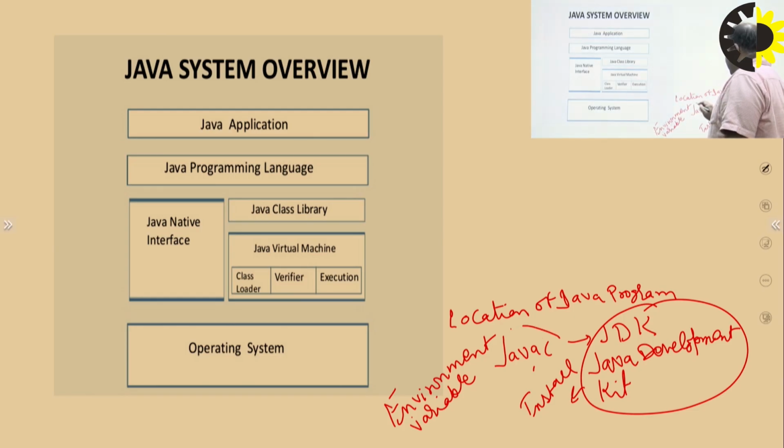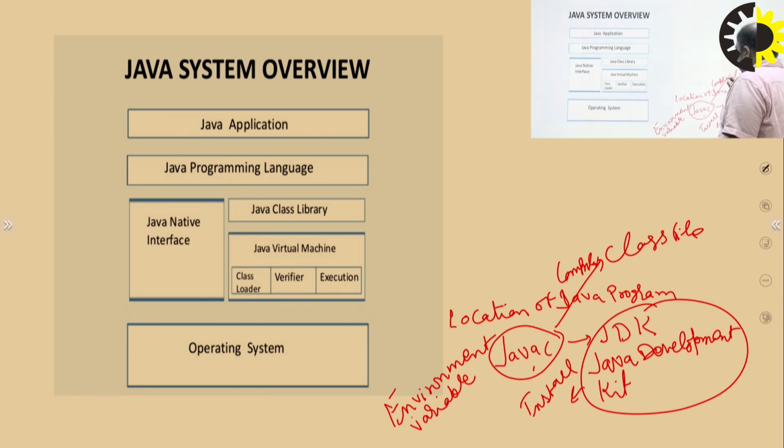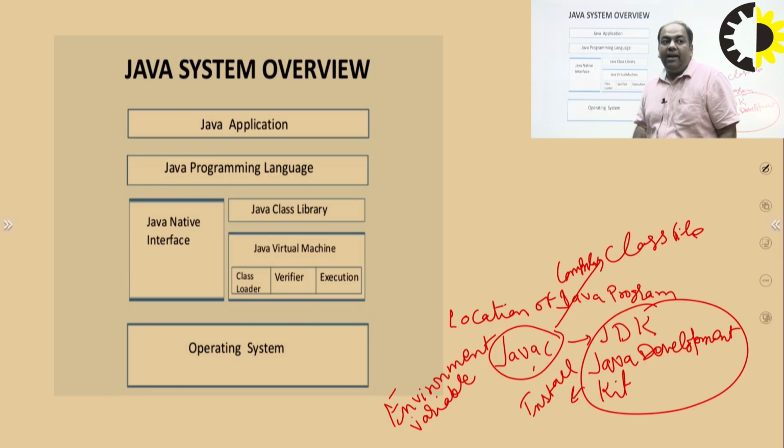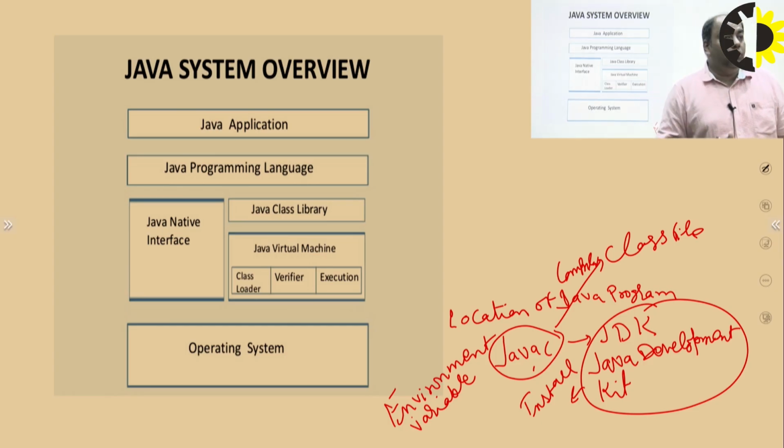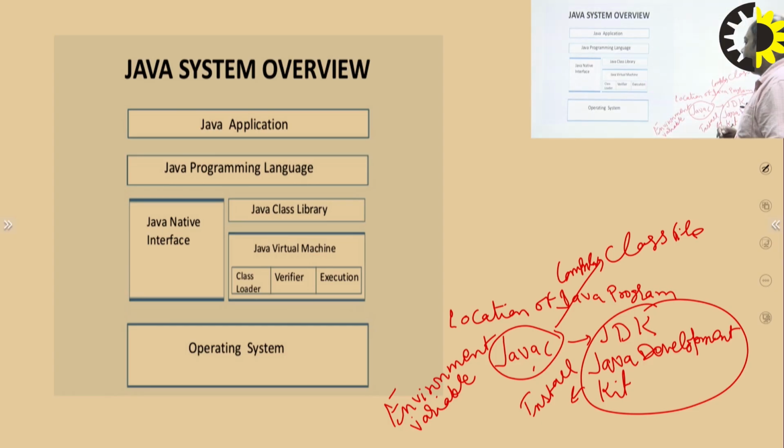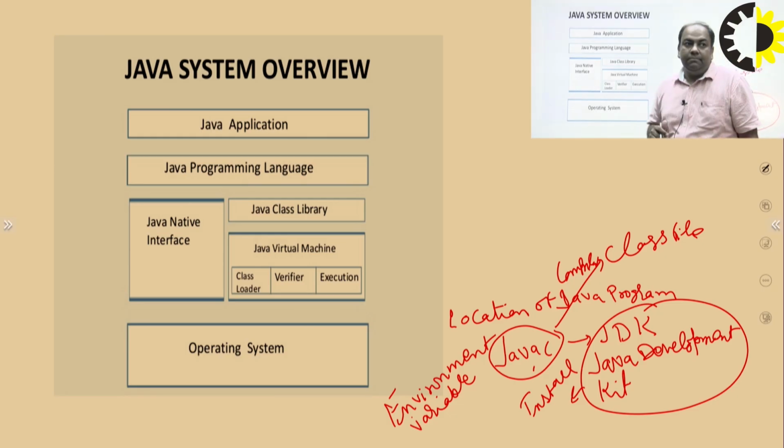By this compilation, we create a class file. This class file is very much used for providing portability to the Java programming language.